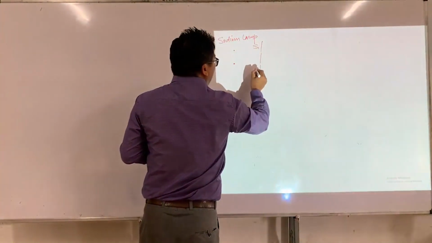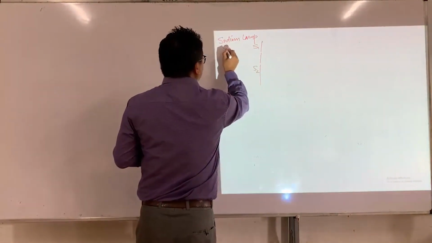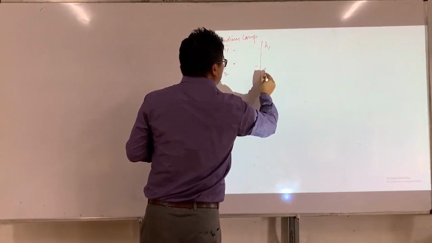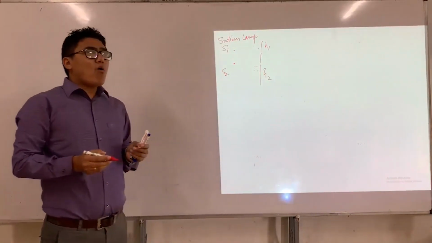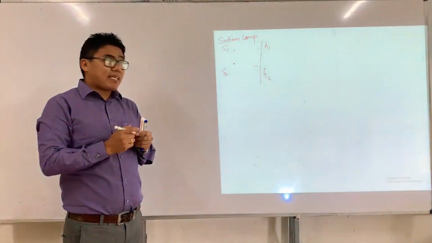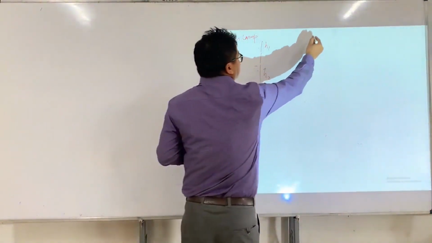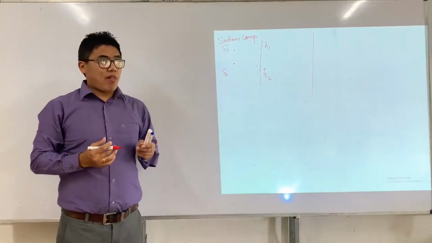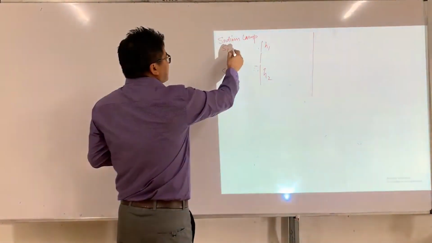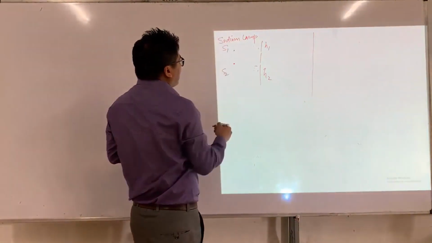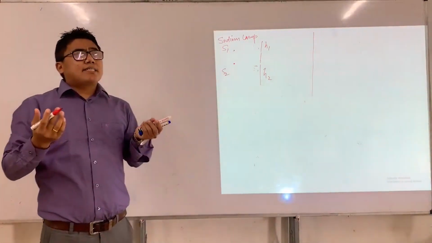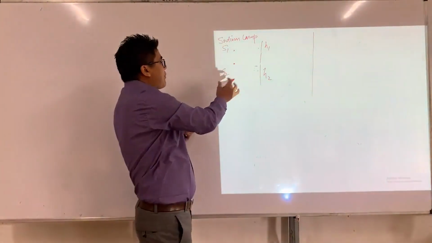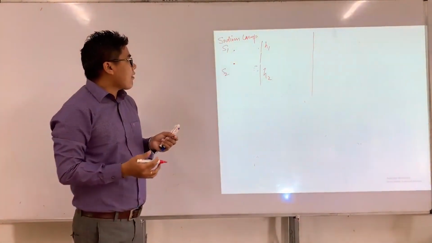This is S1, this is S2, this is hole number 1, this is hole number 2. Now let's say there is a screen, and we would expect interference on the screen. Why? Because this is a sodium lamp and this is a sodium lamp, both having the same wavelength and the same amplitude, because the distances are the same.